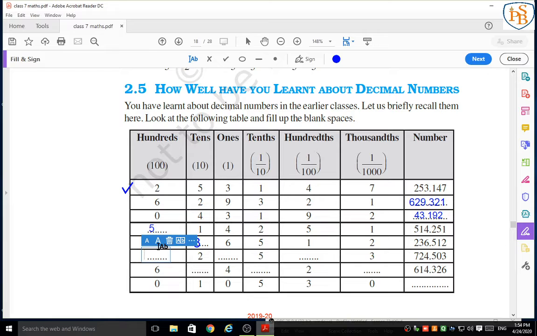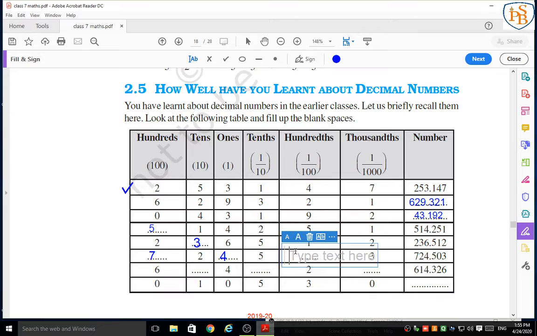Okay, now what about this? Which number will come here? 7. Very good. Which number will come here? Absolutely correct, it is 4. And which number will come here? Look at here, 724.503.